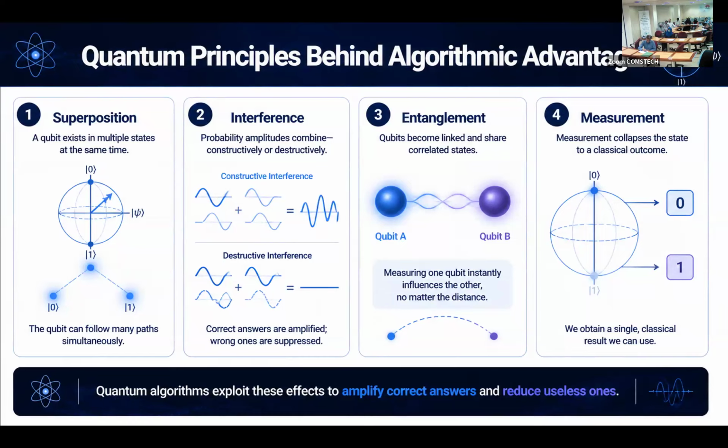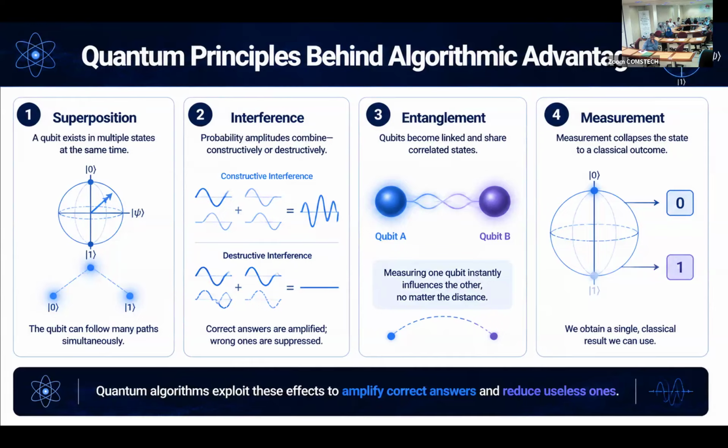But quantum mechanically, it can be in a superposition of 0 and 1 simultaneously. So that's basically superposition.